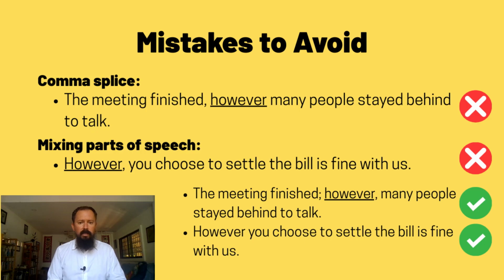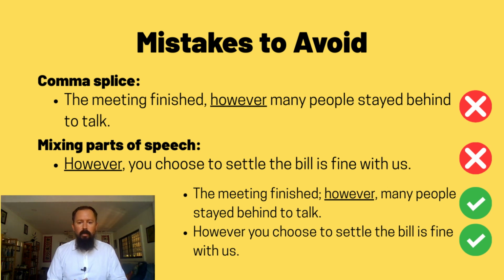And in this case, the word however needs different punctuation. Either we need to make this two sentences and have full stop, conjunctive adverb, comma, or we have one sentence with a semicolon, conjunctive adverb, and a comma. In any case, we cannot just link two independent clauses with a comma.